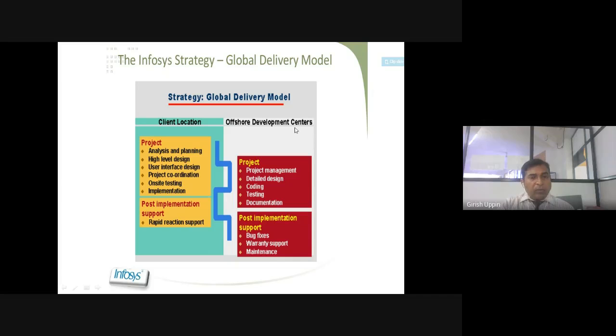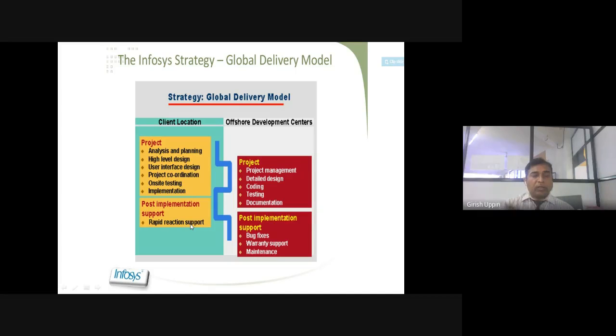And at the offshore development center, they will use project management, detailed design. So at client side, they do the high level design, they come up with all the user interface design, so that once the approval is received on those things, detailed design, coding, testing, documentation is done on the offshore. And post implementation support, they do the bug fixes, warranty support and maintenance on the offshore side. And on the client side, rapid reaction support.